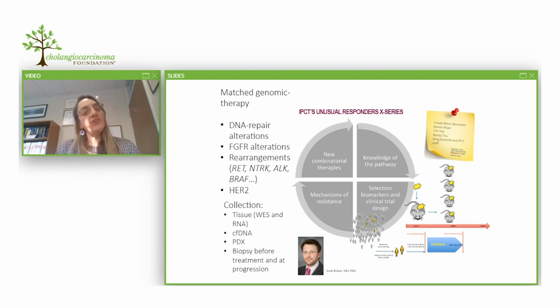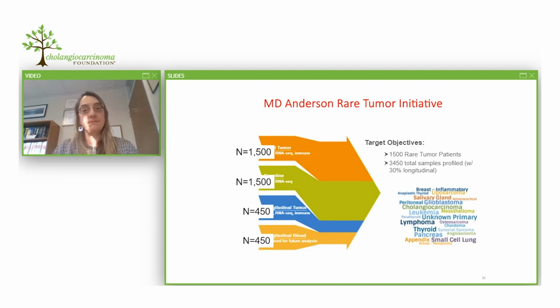This is layered on some other programs, for example, our unusual responder program, where we systematically approach patients that are undergoing certain targeted therapies to see if we can get an additional sample before we start treatment and a sample at the end of treatment along with plasma collection throughout, so we can better understand how tumor evolves.